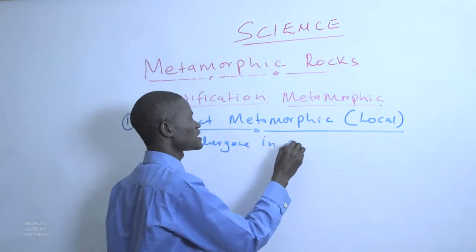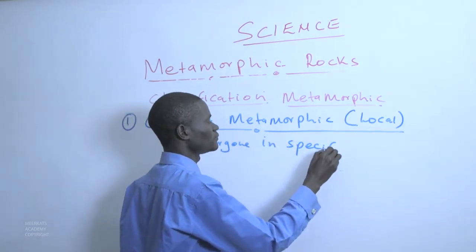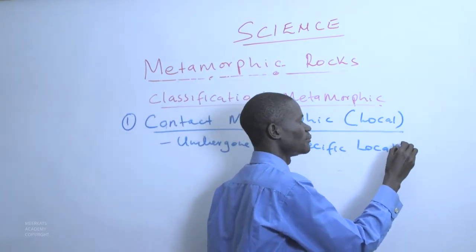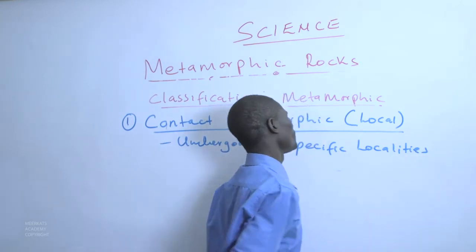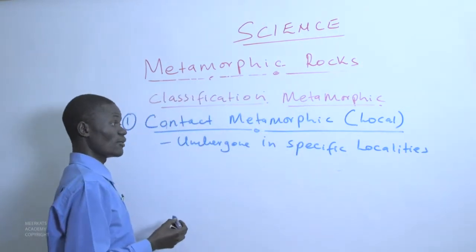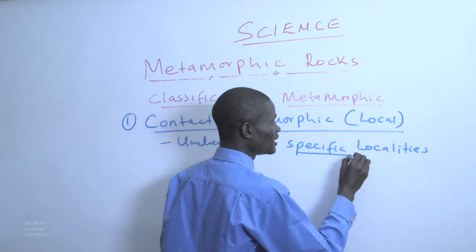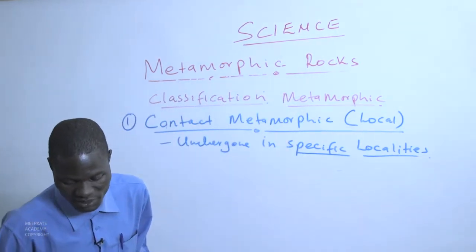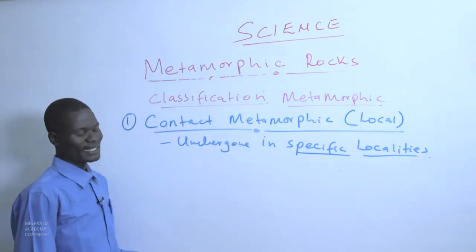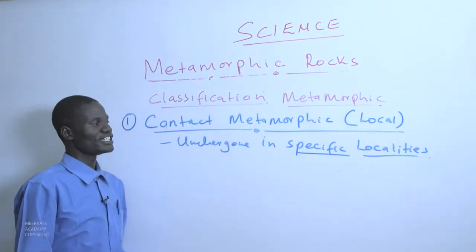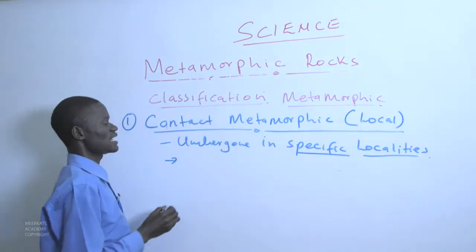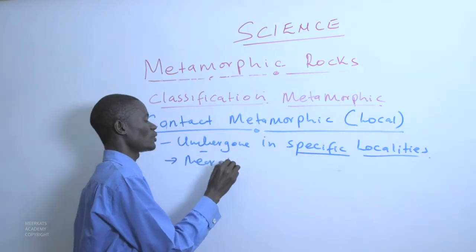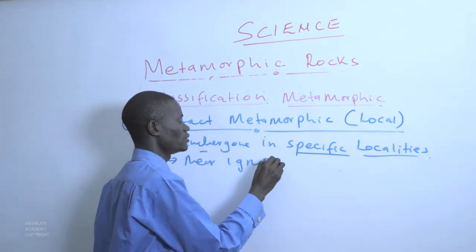That is why we call them contact metamorphic rock, and they bear a local name depending on where they are found, because they often occur near what we call the igneous intrusion.